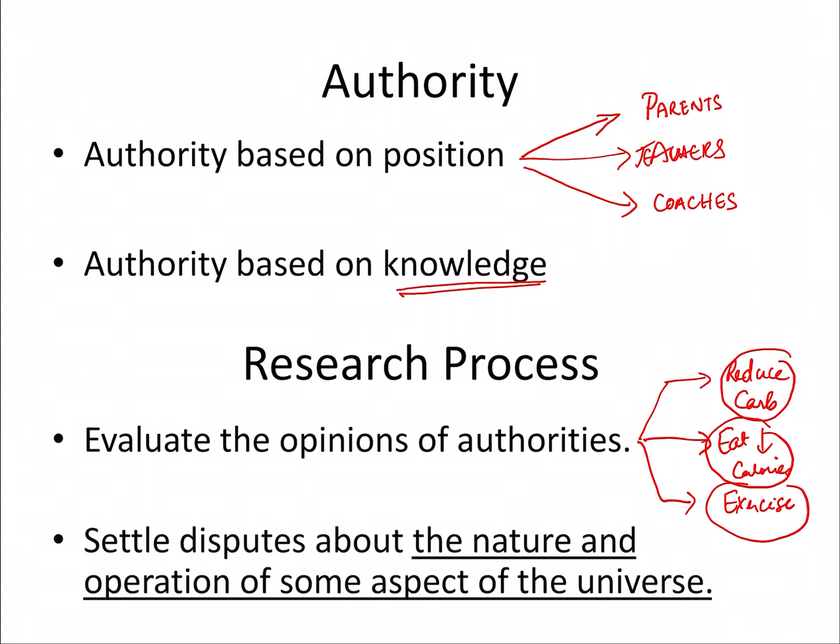The research process also allows people to settle disputes about the nature and operation of some aspect of the universe. So oftentimes what we know and how we know it is contextually based. Where do we come from? What have our parents told us? What have our communities told us?